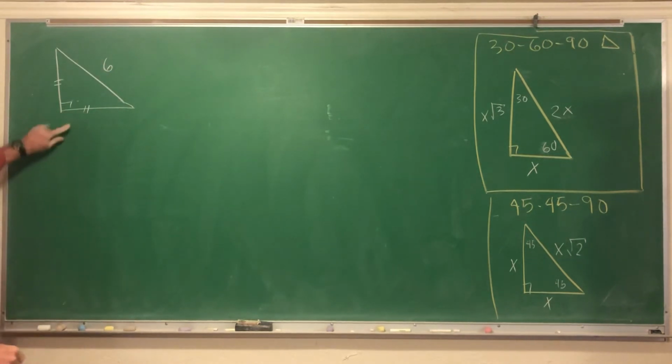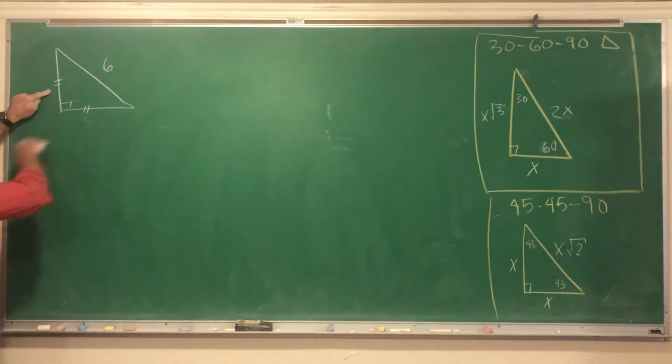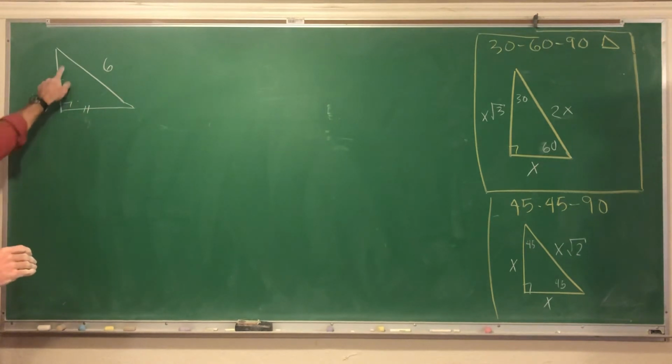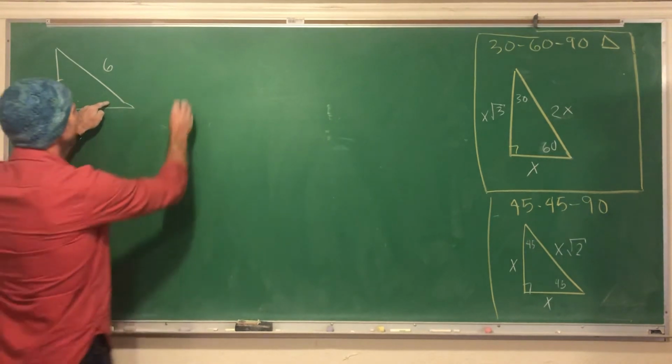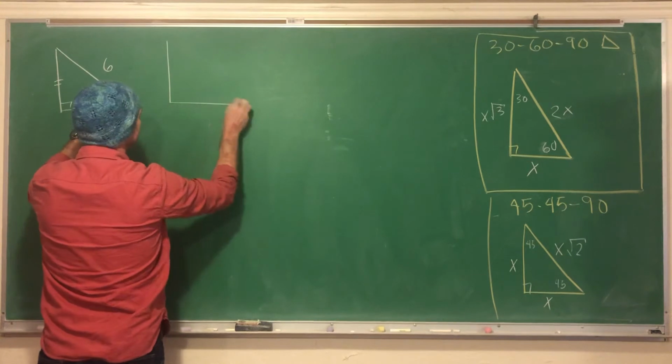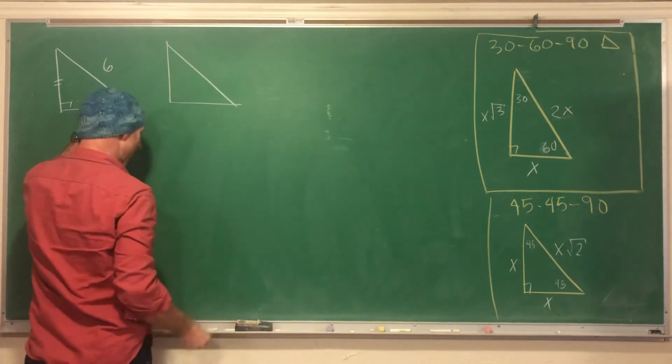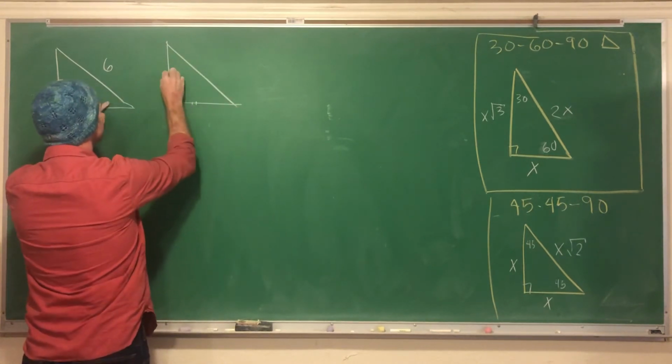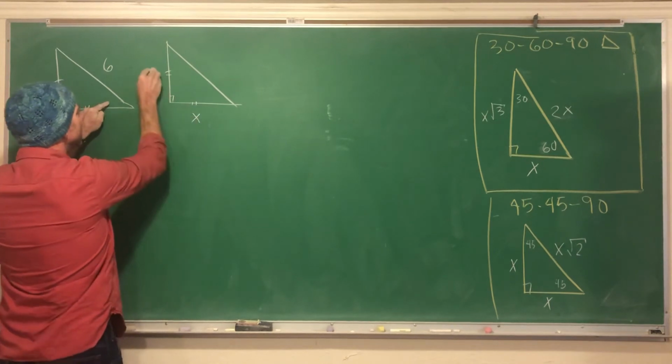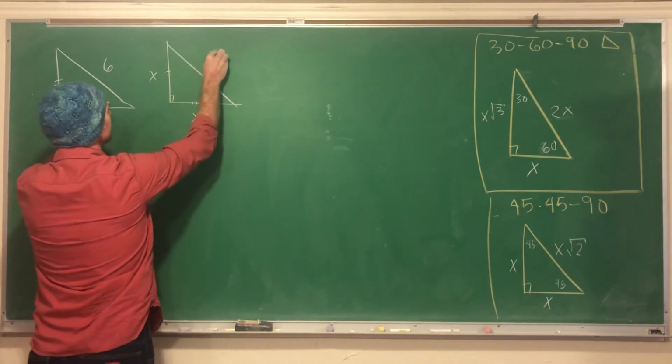So I'm going to match it up. Now these two sides are the same. That's an isosceles triangle, so this has to be the 45-45-90. That's going to be x, x, x times the square root of 2.